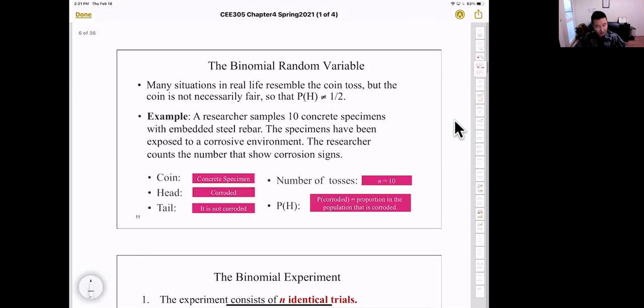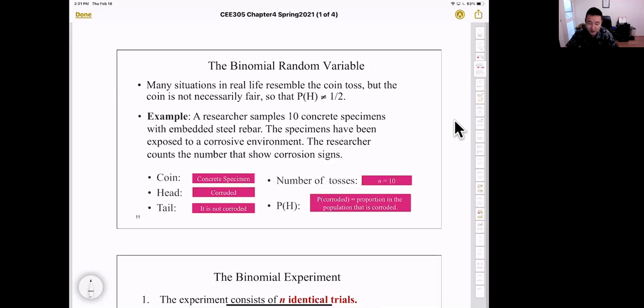So in real life, in many situations, experiments are similar to the coin toss, but the p-value doesn't necessarily equal 50%. Okay, so here is another example. We have a sample of 10 concrete specimens which are embedded with steel rebar. We call that steel reinforced concrete.